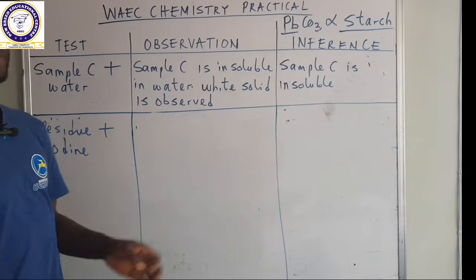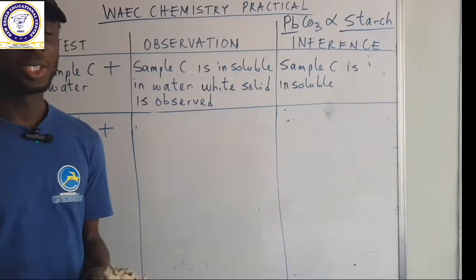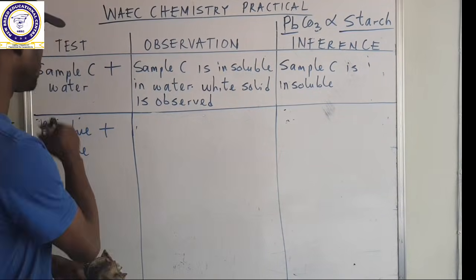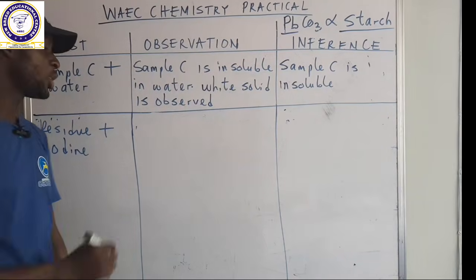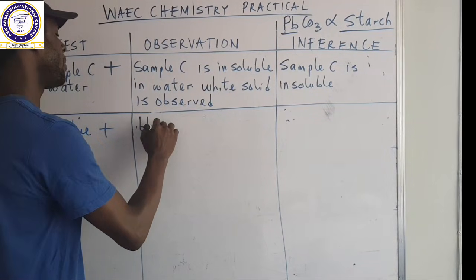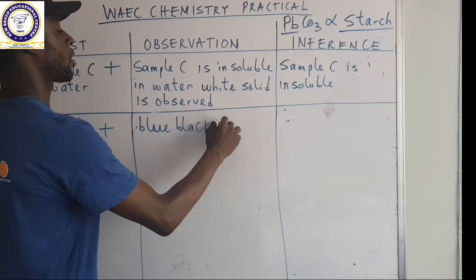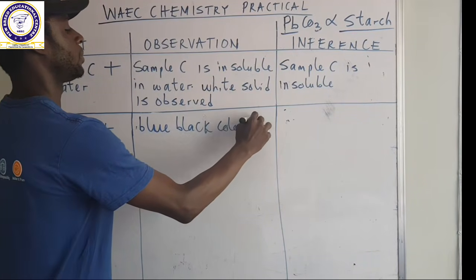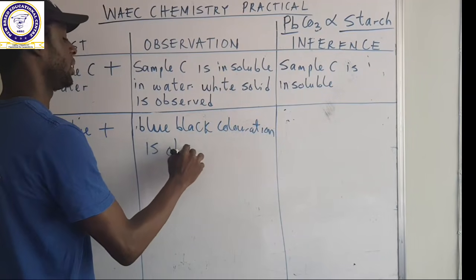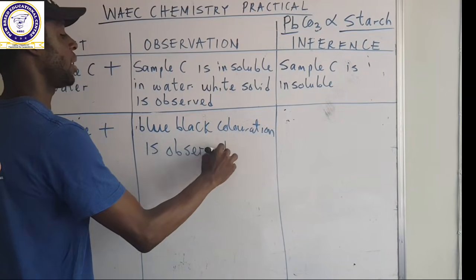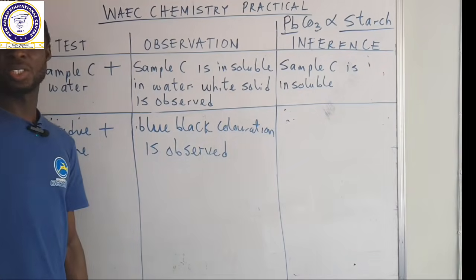So to your residue, you are asked to add iodine. If you add iodine to your residue which contains starch, our observation is going to be blue black coloration is observed. That is our observation, and this observation is peculiar to starch.